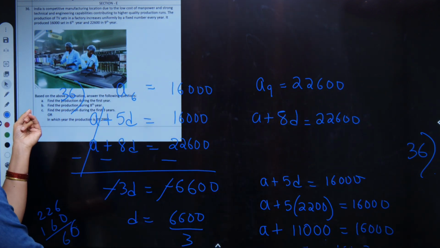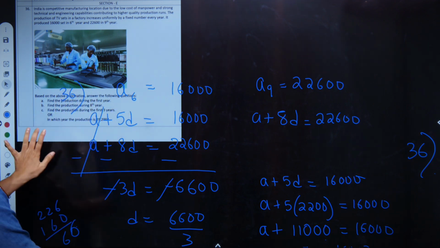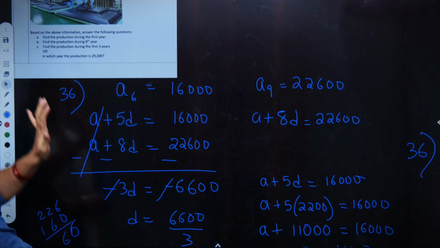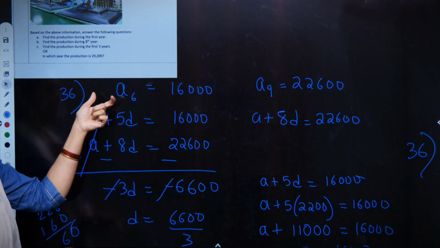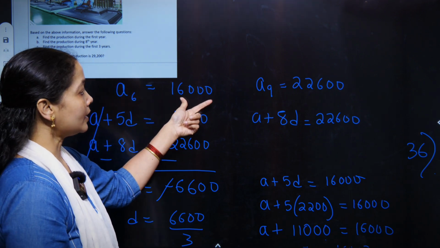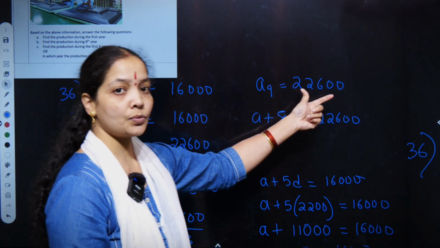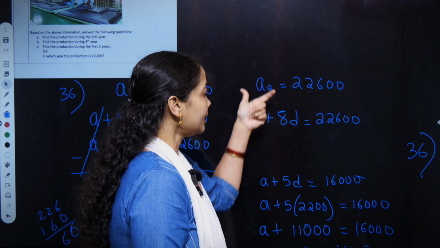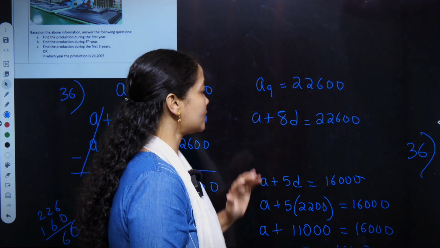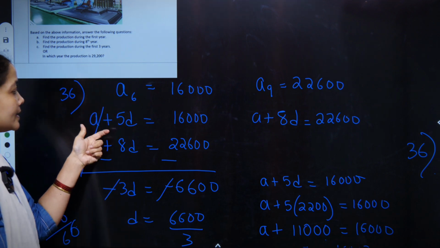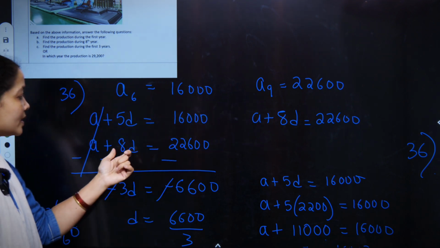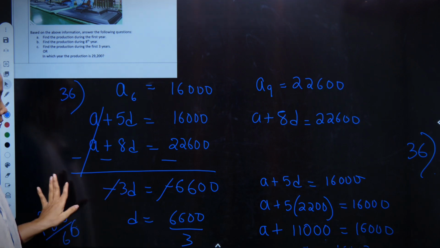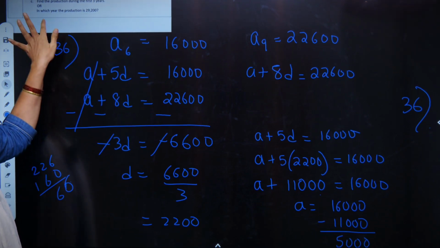The first question is, find the production during the first year. What is given from the paragraph? The 6th year production was 16,000 and the 9th year production was 22,600. Elaborating, A9 is A plus 8D, which is 22,600. A6 is A plus 5D, which is 16,000. Placing this equation below and subtracting, I got the value of D as 2,200.